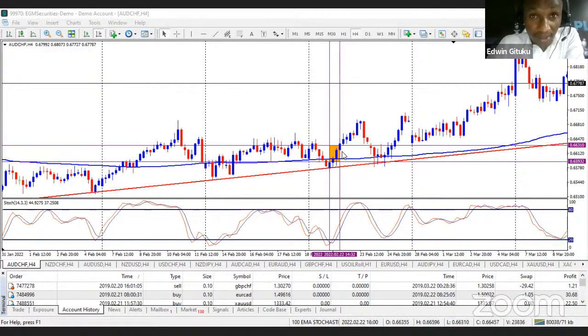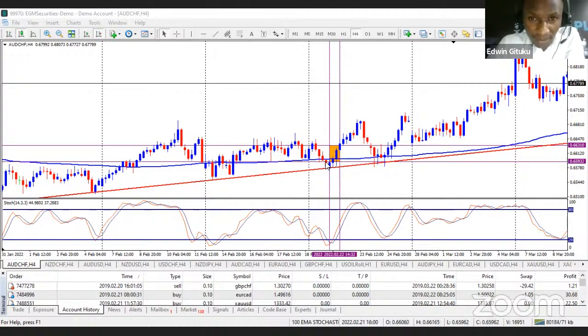So once price begins to reverse upwards, then we would check whether stochastic is giving us a confirmation of an oversold market. Then when we get that confirmation, we would want to enter our buy position. In this case, as you will notice, when the market began to reverse, the red candlesticks are bearish, blue candlesticks are bullish.